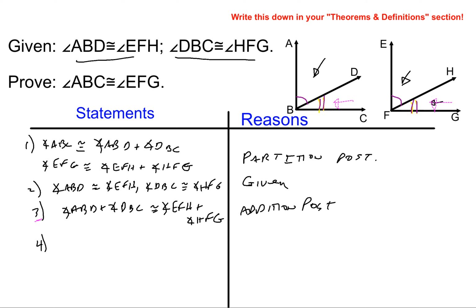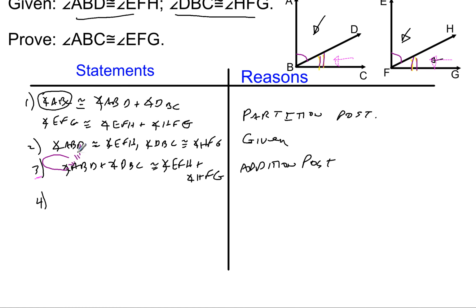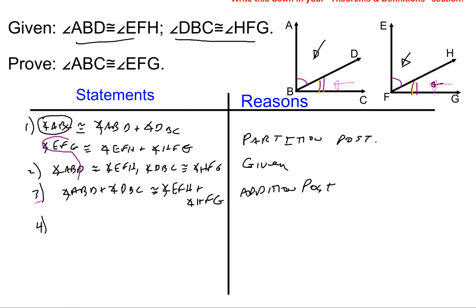But let's not forget, what is ABD plus DBC equal to? ABD plus DBC is equal to ABC. And what is EFH plus HFG? That is equal to EFG. Well, wasn't that exactly what I was asked to prove?